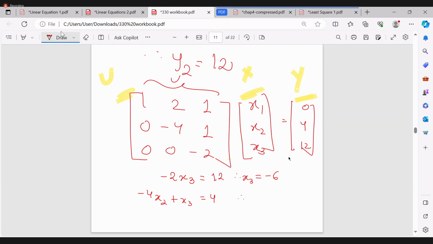So x2 is 10 by minus 4, which is minus 5 by 2, minus 2.5. And finally, x1 plus 2x2 plus x3 is equal to 0. And from here, you can find out x1. So this is my main idea of finding out x1, x2, and x3.